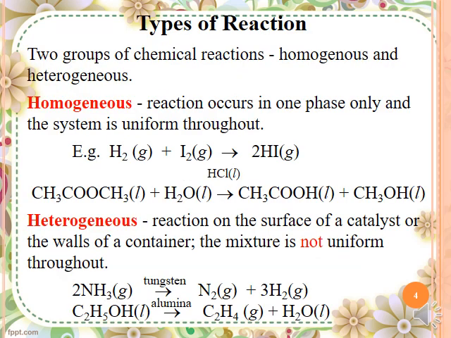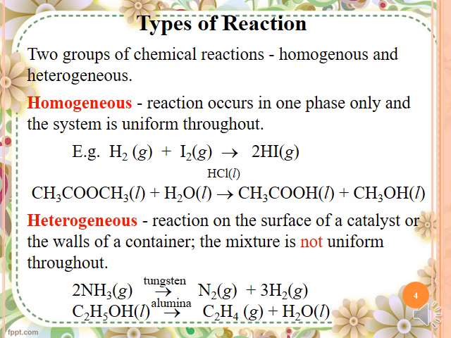Okay, first let us look at types of reactions. Generally there are two types of chemical reaction. Either it's homogeneous or heterogeneous. Homogeneous means the reaction occurs in only one phase, and the system is uniform throughout.